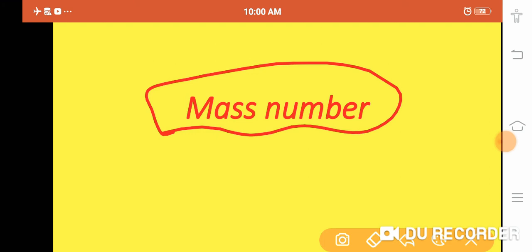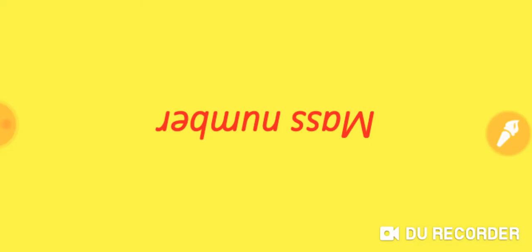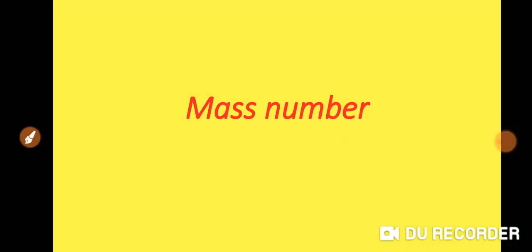Our next topic is the mass number. You will get two concepts, mass number and atomic mass. Both are completely different, not the same. But here we are discussing the mass number.